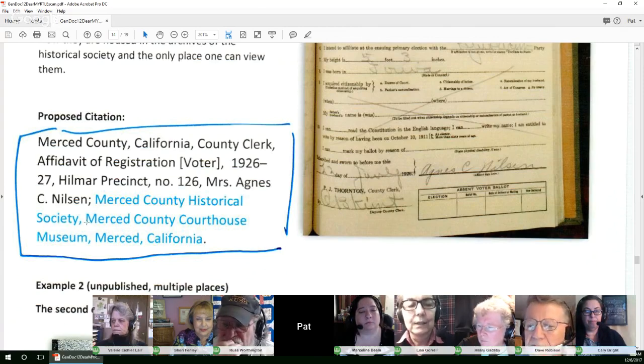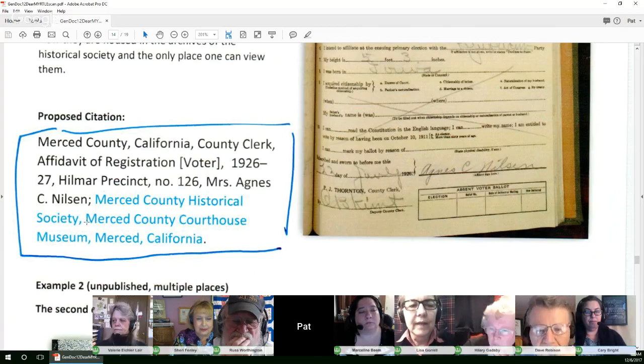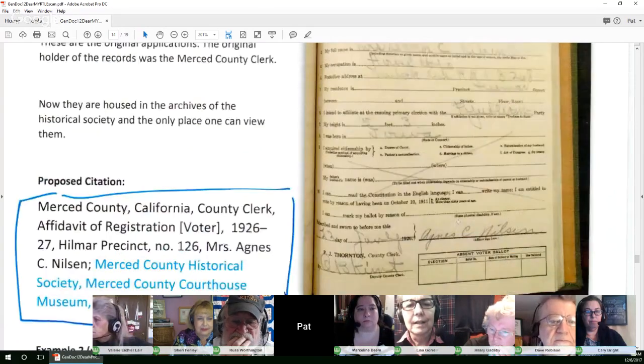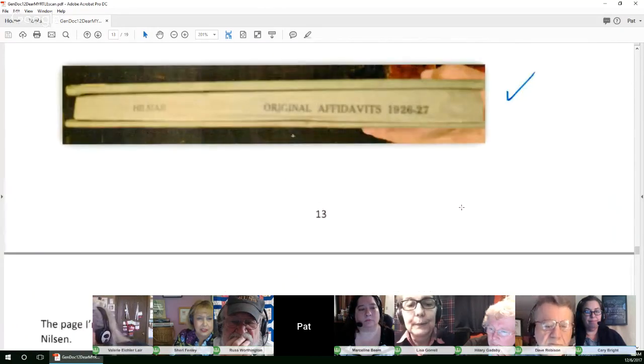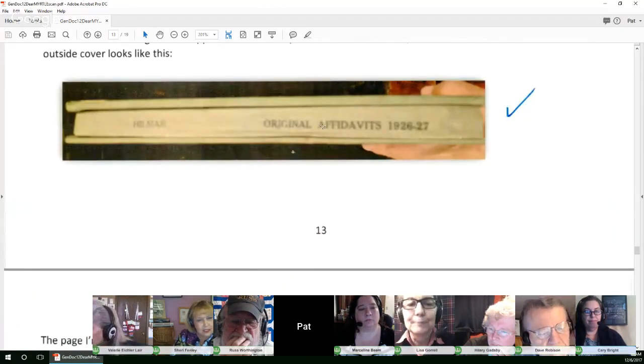But now the first part has to do with the author or the compiler. And the compiler of all these affidavits is Merced County, California County Clerk. Yes. So that looks pretty darn good. Affidavit of registration. I see why you put voter, because look at the form. It doesn't say. Yeah. But when we look back here, and it still doesn't say anything on the title.